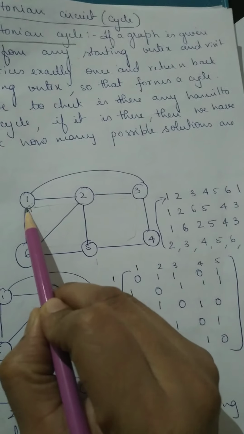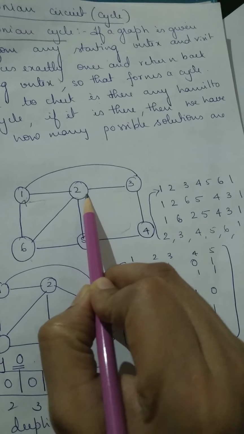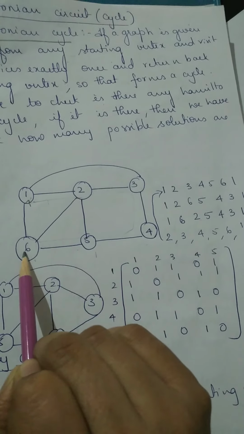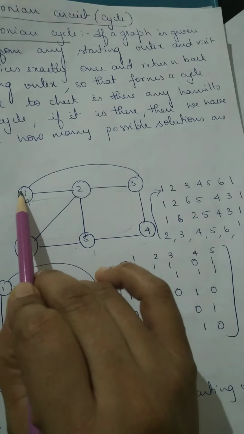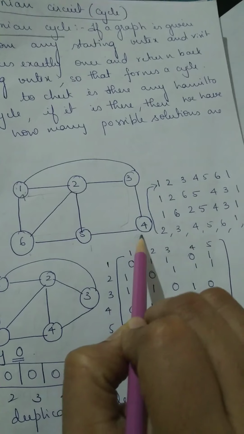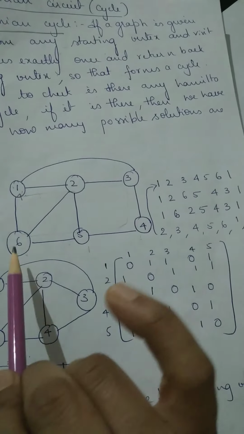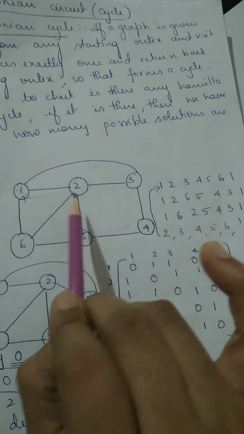I'll start from vertex 1. 1, visit 2, 3, 4, 5, 6, 1. Next solution is 1, 2, 6, 5, 4, 3, again 1. And 1, 6, 2, 5, 4, 3, 1.